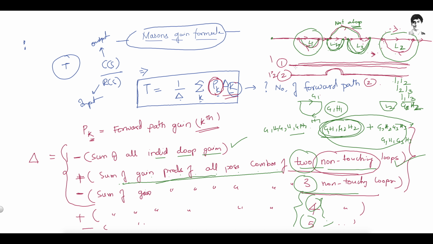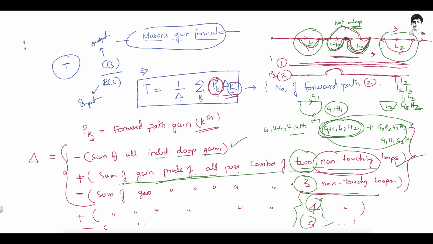Now, what if L3 and L4 are at the same node? L3 is touching this node, L4 is also touching the same node. L3 and L4 will be a touching loop.